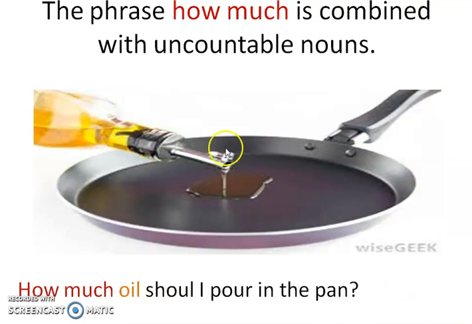The phrase how much is combined with uncountable nouns, such as oil, gases, oxygen, etc. We'll talk about that in detail in the upcoming lessons. So, how much oil should I pour in the pan? How much oil can I put in this pan? The amount of oil, because it's uncountable.